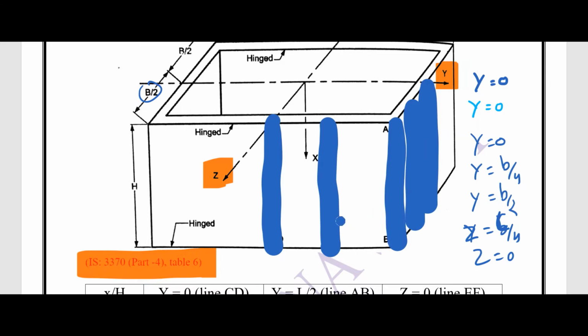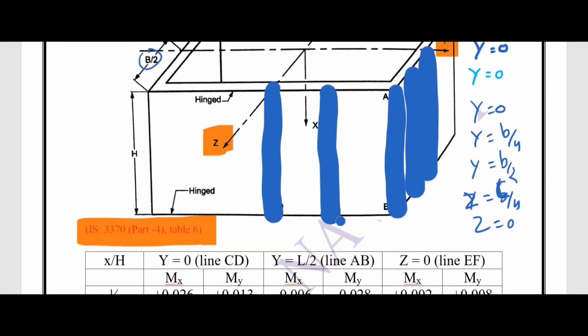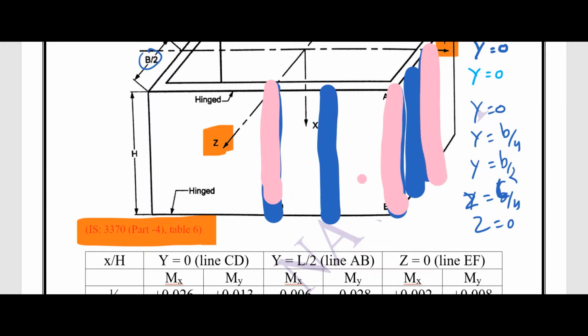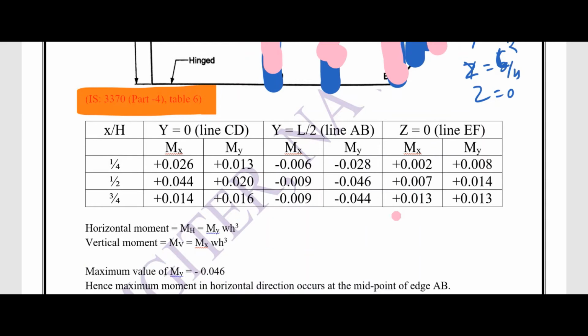Now we require the moment at here and the moment at here. We did not require the moment at this center portion. So what I made is one table here, with x by capital H, which we got from here.